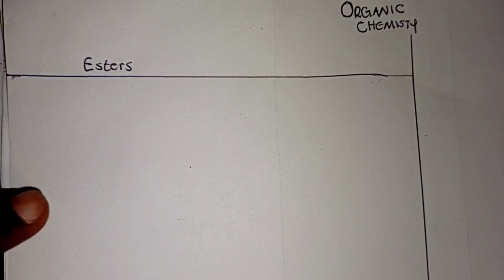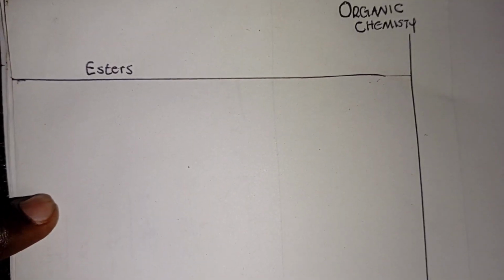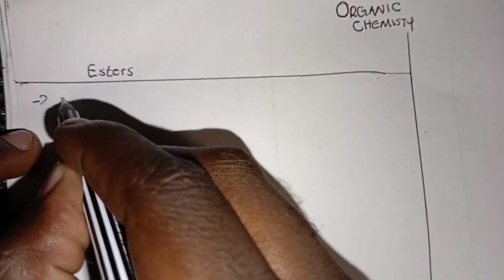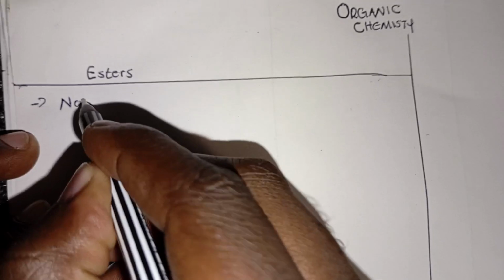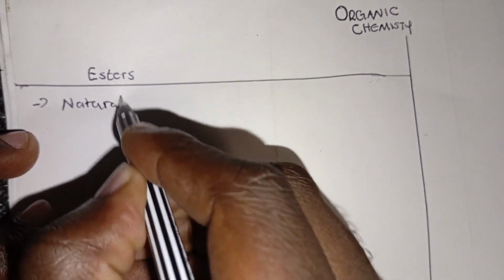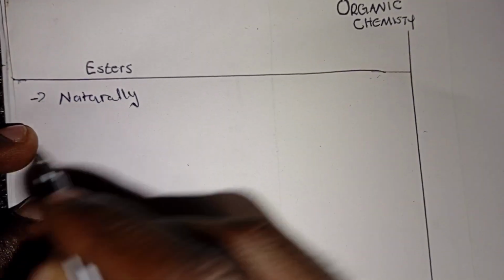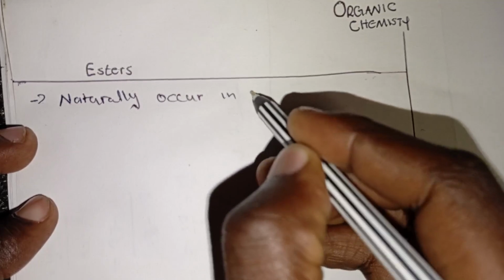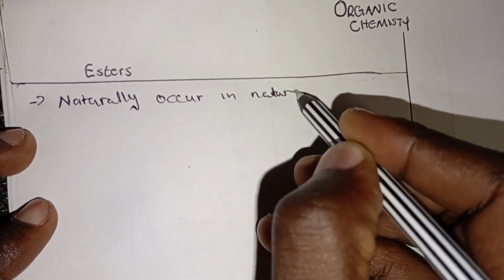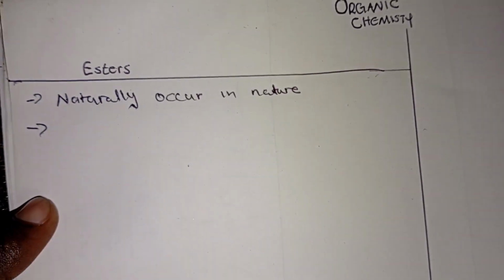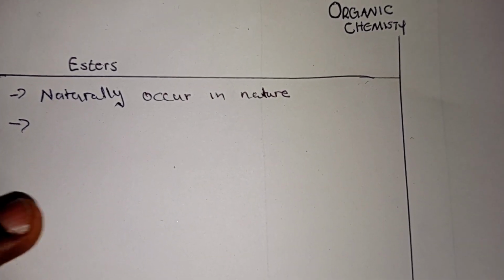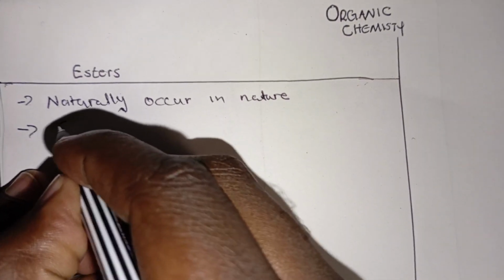Now, esters mostly occur naturally in nature, but we can make them in the laboratory by a process called esterification.